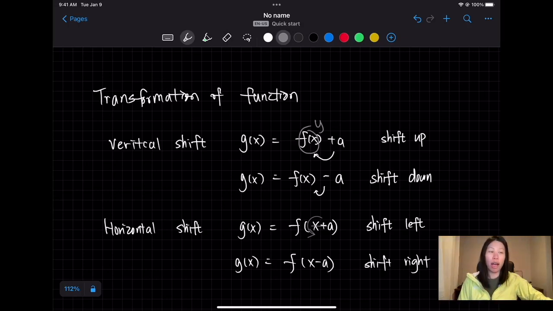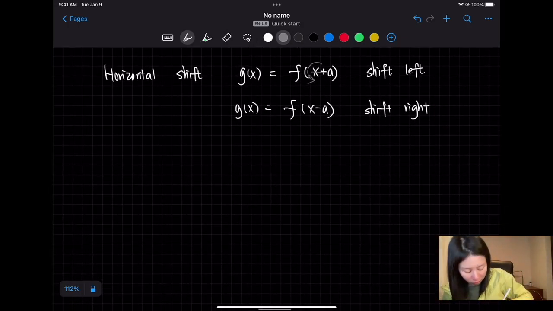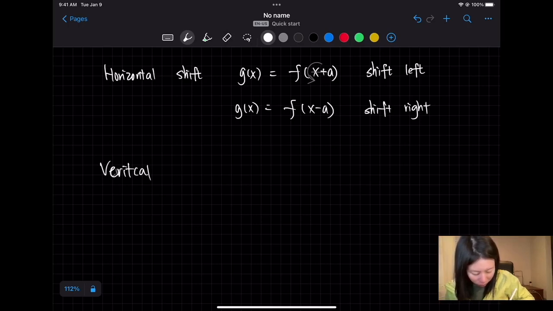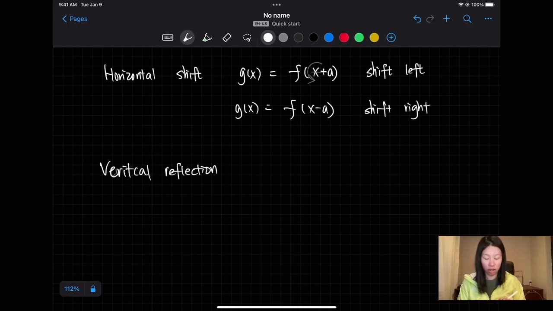Okay, so after shifting, we will have reflection. So again, we have a vertical reflection and a horizontal reflection. So what is vertical reflection?